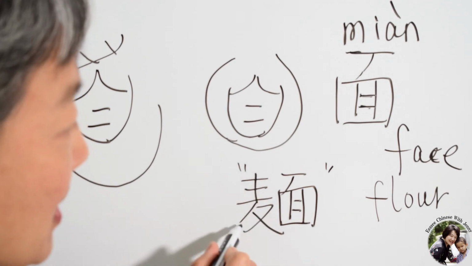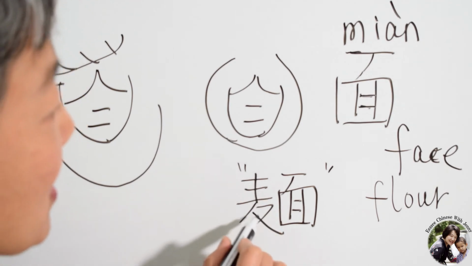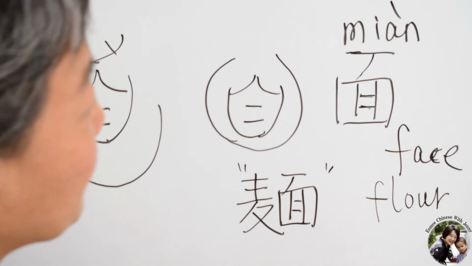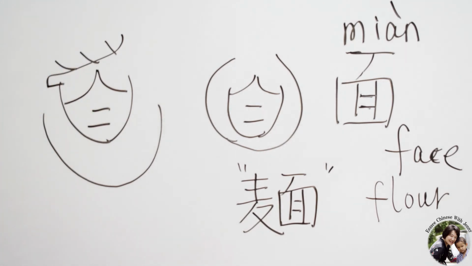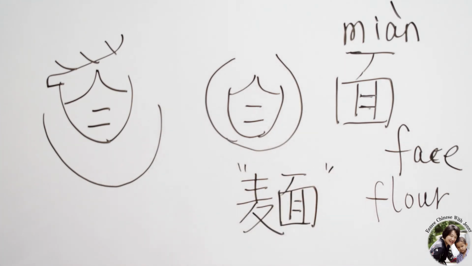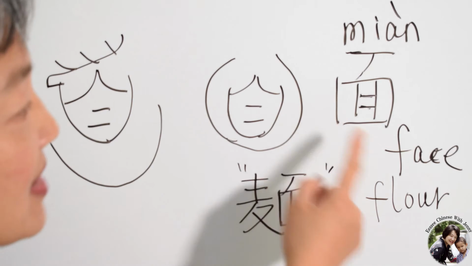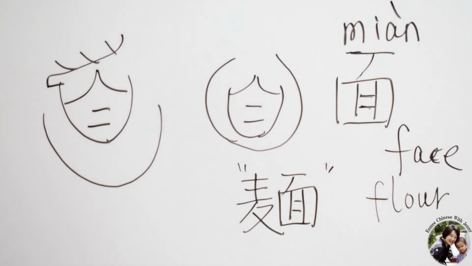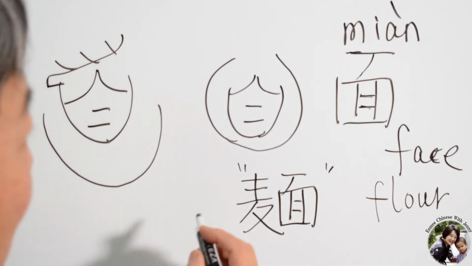Remember, this means your wheat, right? Wheat flour. However, in mainland China, now currently, the same character, same pronunciation, depends on where you use it, it means face, also means flower. Let me demonstrate how to write it.